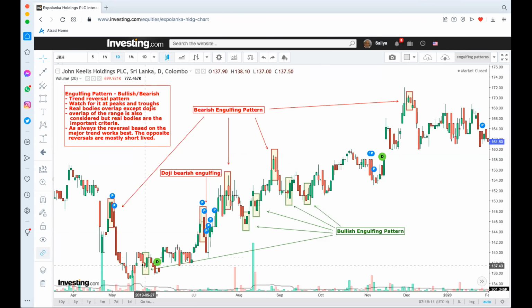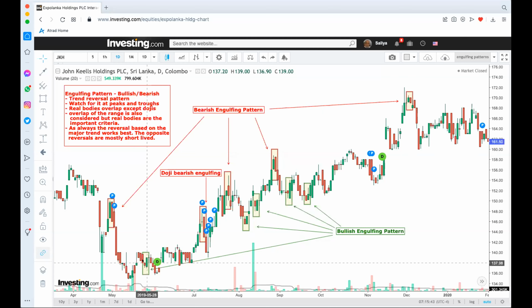The body of which candle was engulfed by the green candle, the body of the green candle. Incidentally, when we are discussing the engulfing patterns, we primarily focus our attention on the bodies, not the shadows. But that does not necessarily mean that we don't take shadows into consideration.